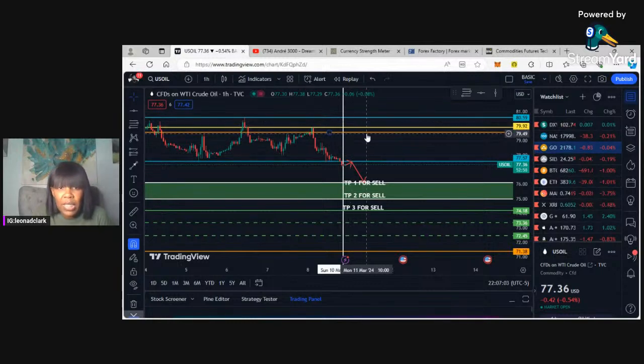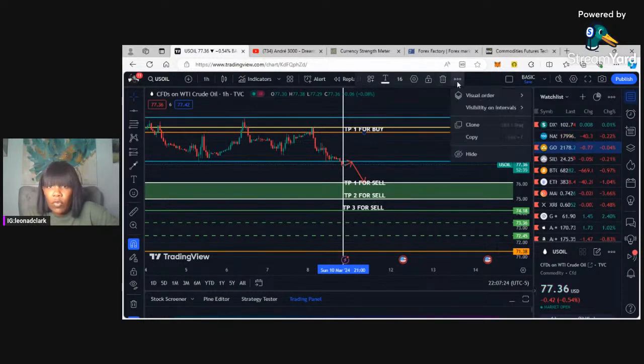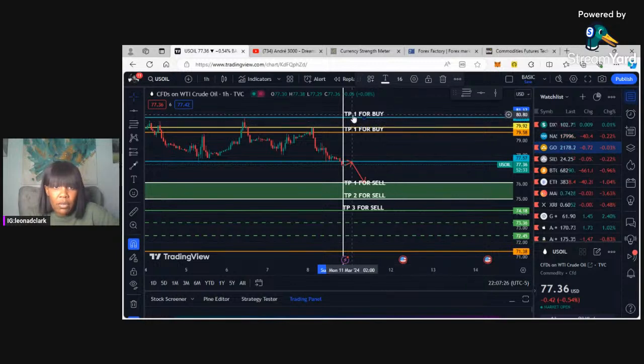And then this would be my take profit 1. This will be my take profit 2 because these are super close to each other. And that's only if, again, y'all, the risk to reward ratio is there. Okay? If it's not there, you don't take it. You move on to something else.